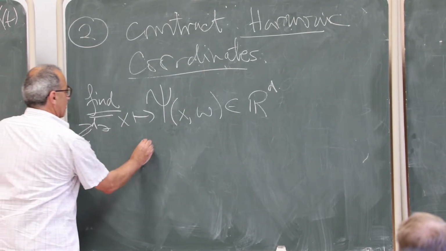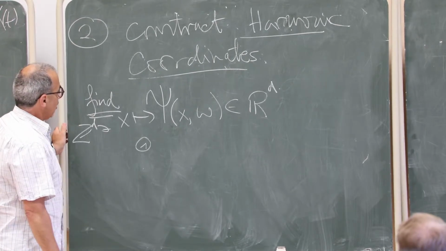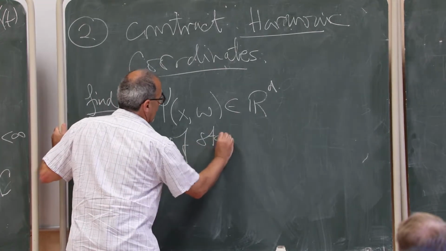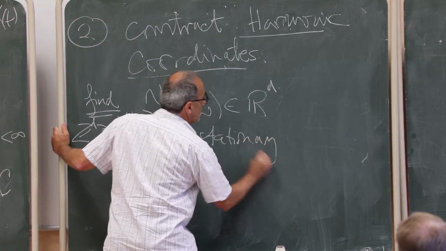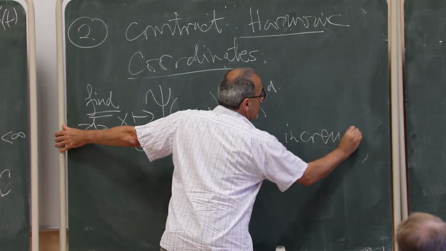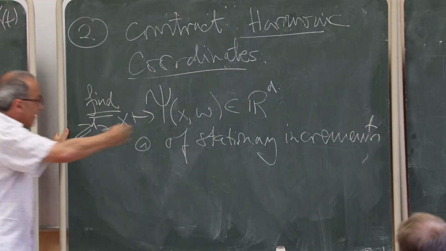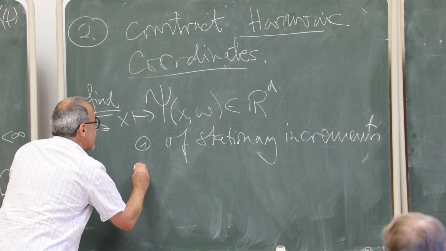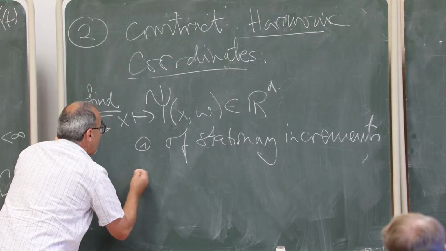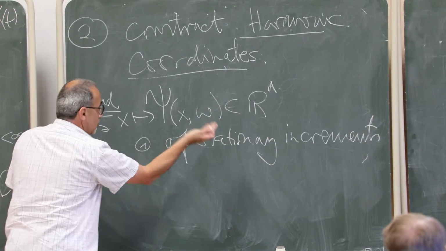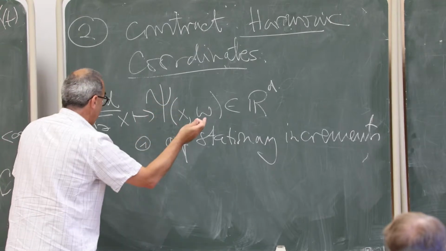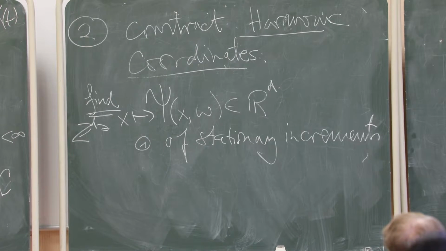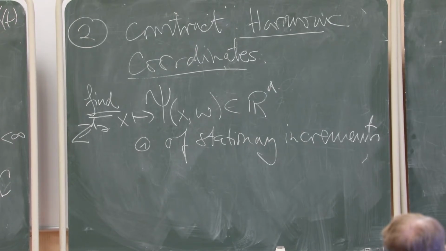The first property would be that it is a field of stationary increments. That means its gradient is a translation invariant object. I think I didn't use u so far. Maybe I look at my notes not to make too many notations.